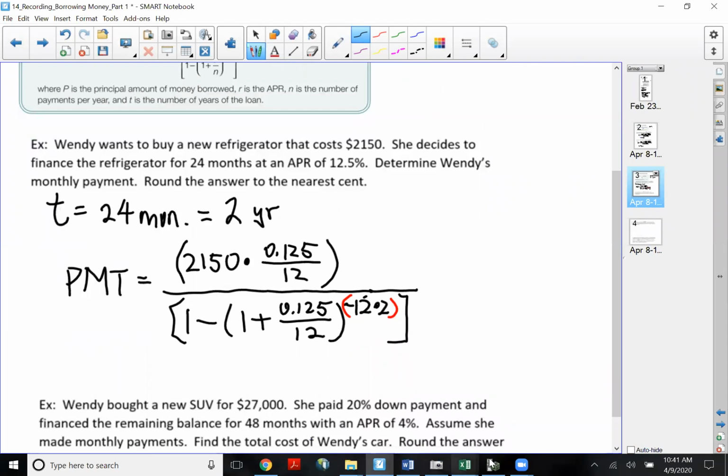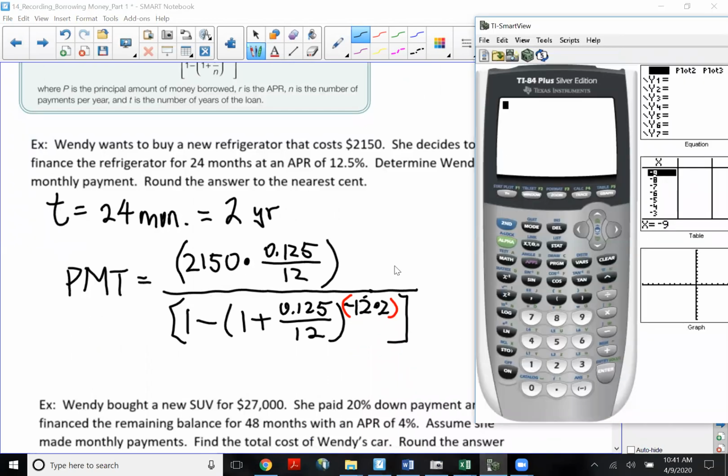So let's see how much the payment is. I'm going to show you. The whole top is one term, so I'm going to start with a parenthesis. 2150 times 0.125 divided by 12, close the parenthesis, then divided by, open bracket, which would be an open parenthesis, 1 minus, open another parenthesis, 1 plus 0.125 divided by 12, close the parenthesis.